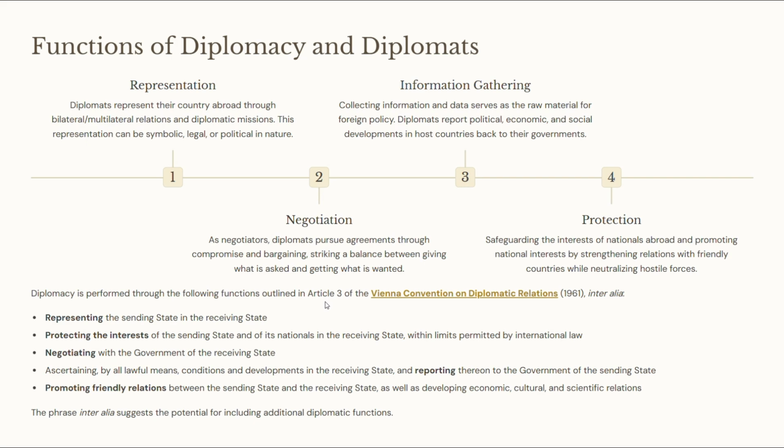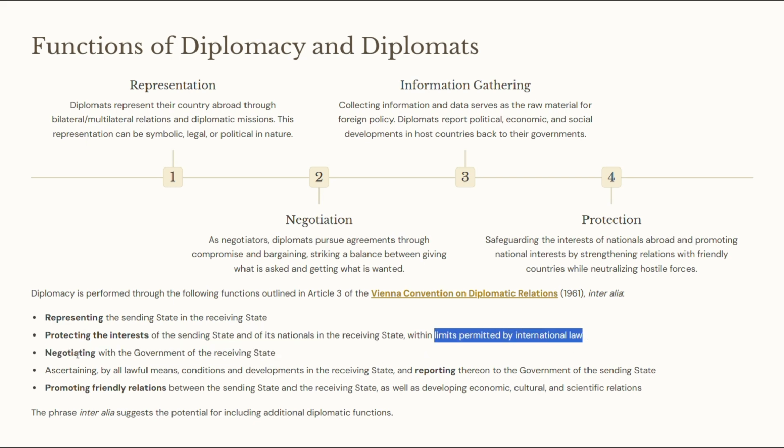So Article 3 of the Vienna Convention on Diplomatic Relations mentions the following functions of diplomats: representing the sending state in the receiving state, and protecting the interests of the sending state and of its nationals in the receiving state within the limits permitted by international law, negotiating with the government of the receiving state.